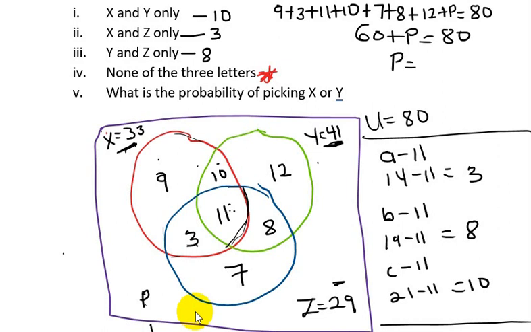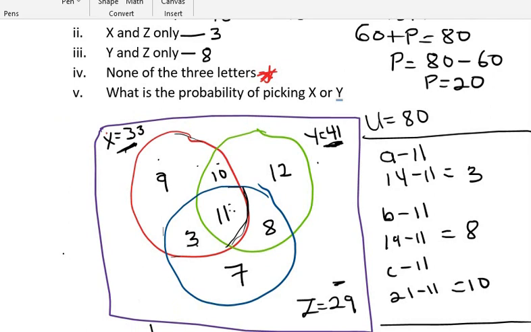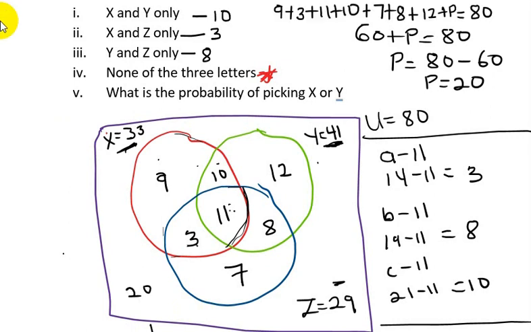So p will be equal to 80 minus 60, and the p will give us 20. So now that we find the p, let me put it there again. When you draw your Venn diagram, at the tail end of your answer, you can indicate here that it is 20. So it means that 20 people do not pick any of the letters. You get it?